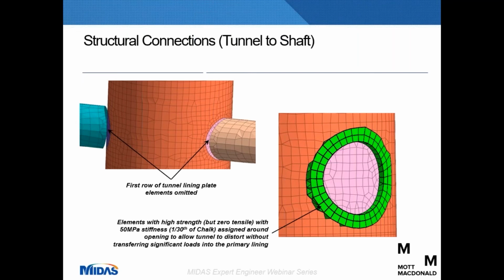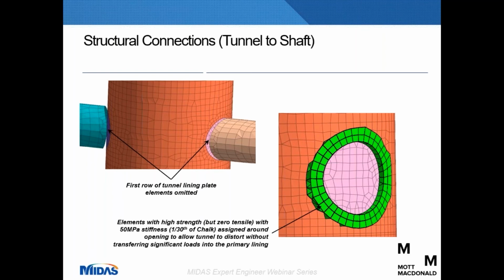So where the tunnels pass through the diaphragm wall and there's no actual connection between the tunnel and the primary lining, this was resolved by omitting the first row of elements of the tunnel, so there was no connection between the two structural shells.